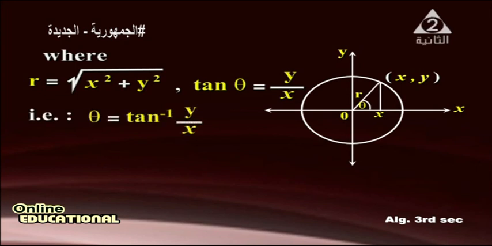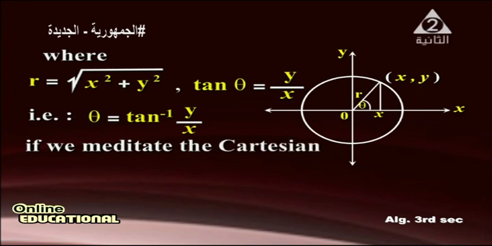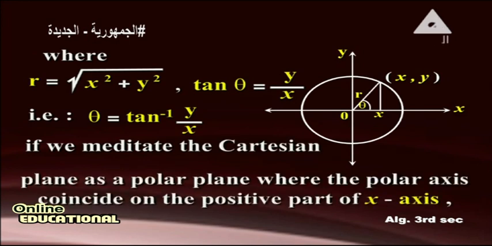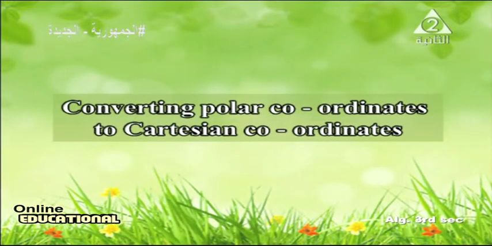Theta equals shift tan of y over x by using the calculator. r is called the modulus and theta is called the amplitude. If we consider the Cartesian plane as a polar plane where the polar axis coincides with the positive part of the x-axis, convert polar coordinates to Cartesian coordinates.